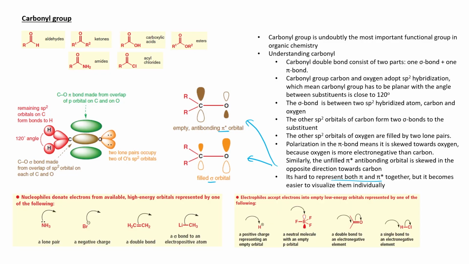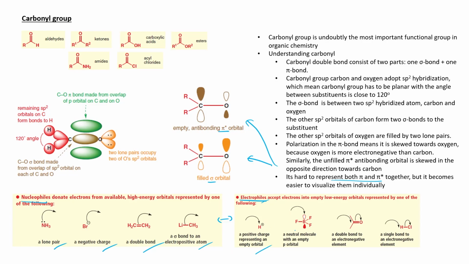Okay, so now if we want to talk about the reaction of the carbonyl group, we need to recap a bit again about the electrophile and nucleophile. So this is the nucleophile, this is the electrophile. We have explained this in detail before in the class, so hopefully this is just a recap. You can look. The nucleophile can be a lone pair, negative charge, double bond, or pi or sigma bond to an electropositive atom.